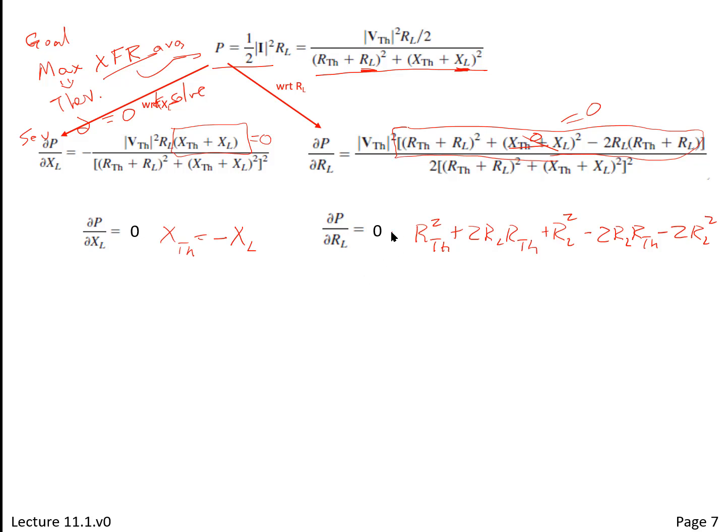Okay, so that's equal to 0. So what have we got? We got 2RL R Thevenin minus 2RL R Thevenin. Those cancel. I got plus RL squared minus 2RL squared. So that will take out one of those. So this gives me R Thevenin squared is equal to RL squared.